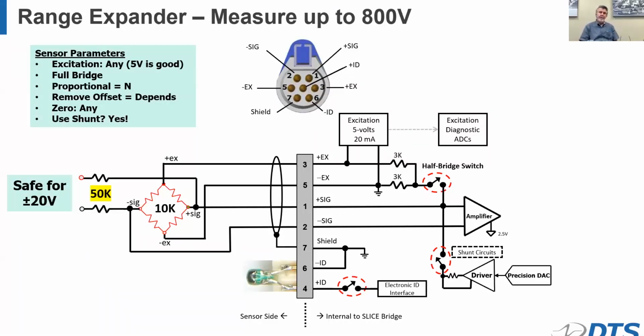You can ground either the plus or the minus inputs and it still works. We actually sell a gadget called a range expander that has these 6 resistors built into the back shell of a connector. So you just plug it in, you get 2 wires, and now you can safely measure larger voltages. We have those available up to 800 volts.